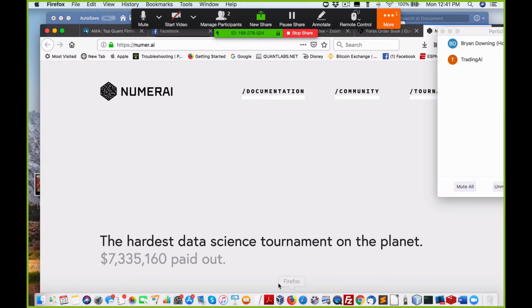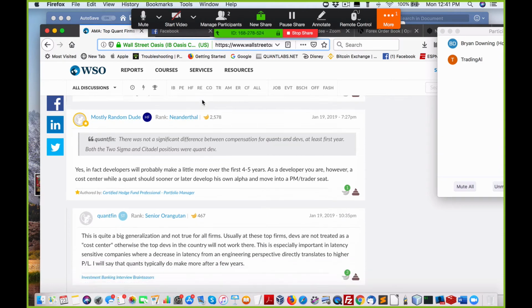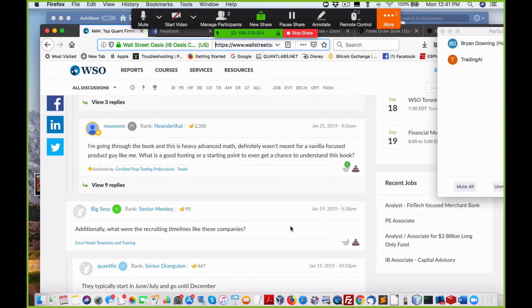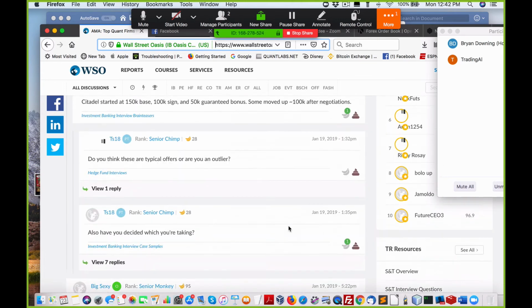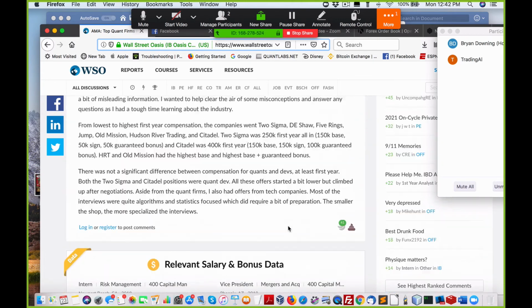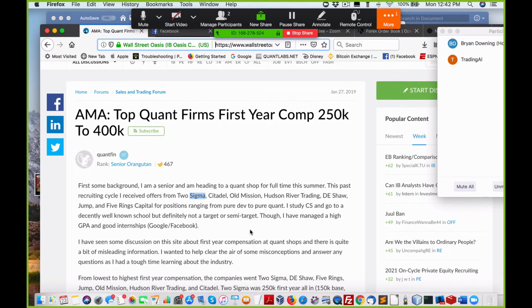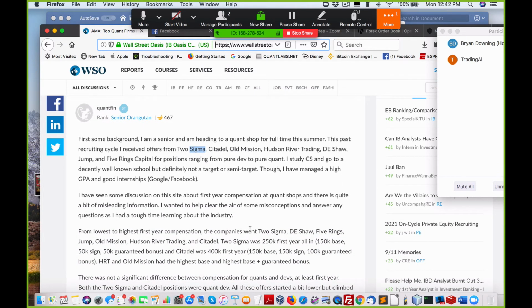Let's see here. Where was it? Right here on WSO, Wall Street Oasis. So this guy talked about where we're at with these firms, including, as I said, Two Sigma, Citadel, Old Mission, I don't know, Hudson River Trading, D.E. Shaw, Five Ring Capital. So these are always these new companies that come out of the woodwork and explain this is the future of trading.